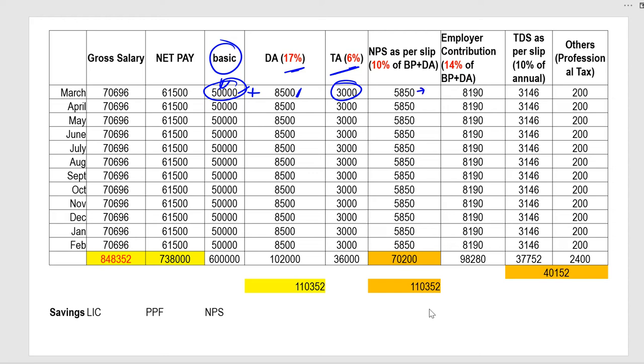Then there is something that will go to your retirement after service. So this is NPS, for example, this is called Provident Fund, PF. The person will not get this much during the service time. The person will get it after the service is over. And also there is some employer contribution.